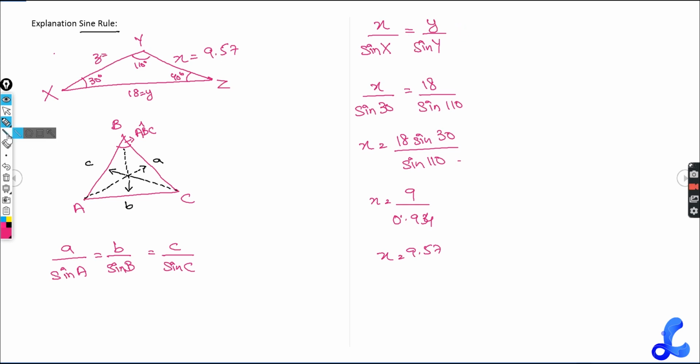Again we will use, I will draw them so that I can do this correctly. So now let's use y and z.